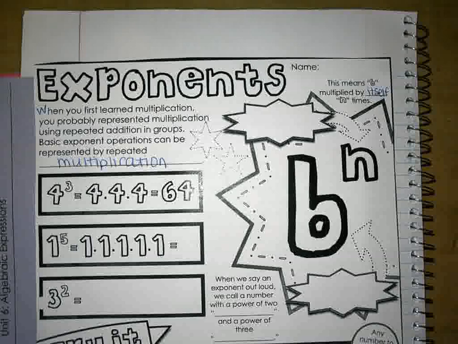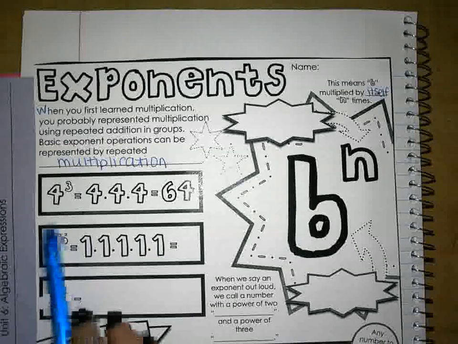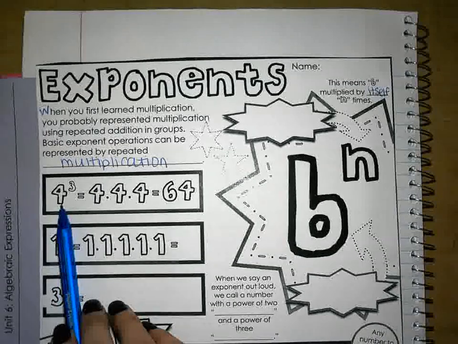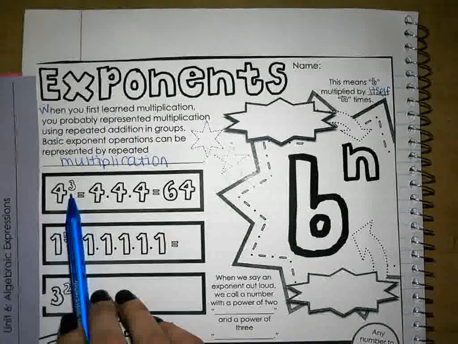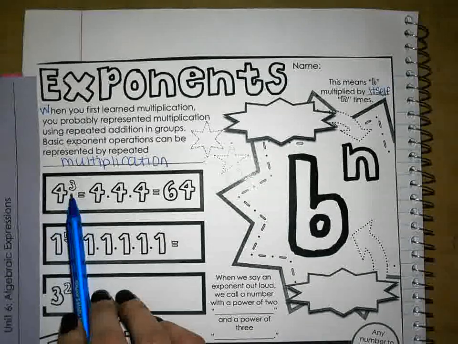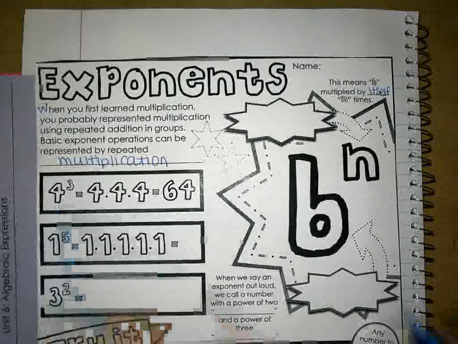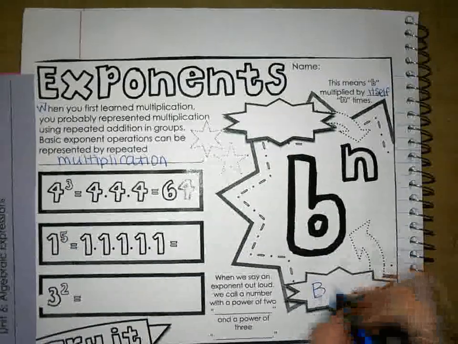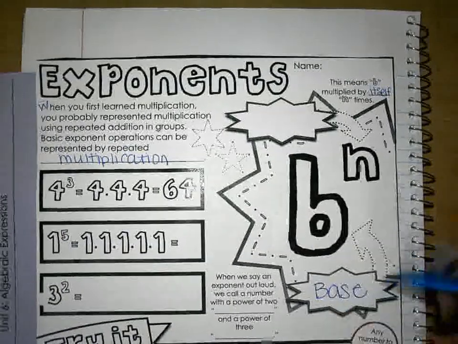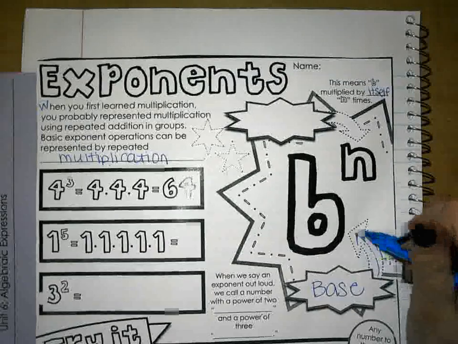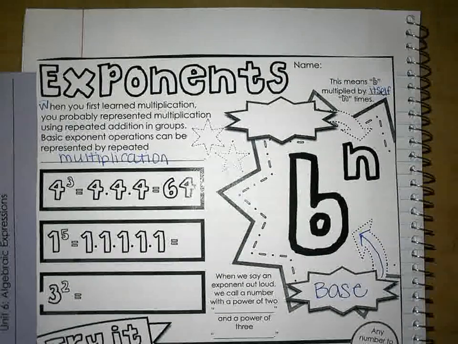So here is what I mean by that. Right here we have an example. This is our bell work example, wasn't it? 4 to the third power. What that means is that I have b, which is what we call the base. The b, or the big number, is what we call the base.